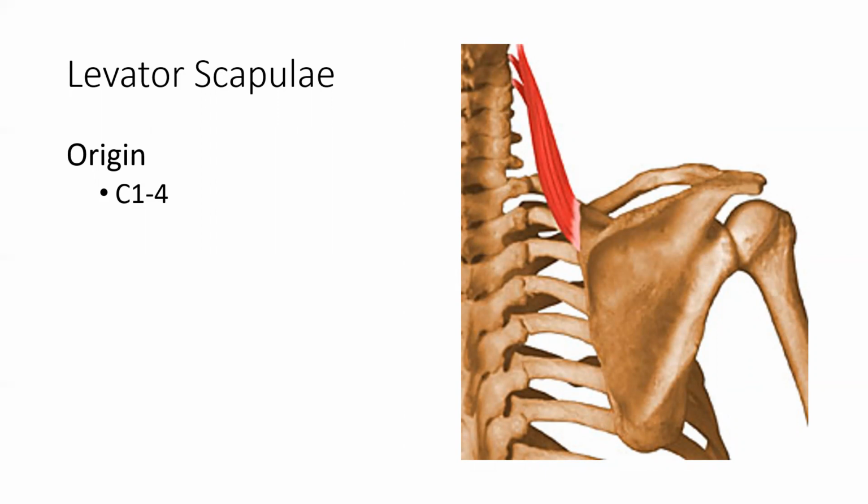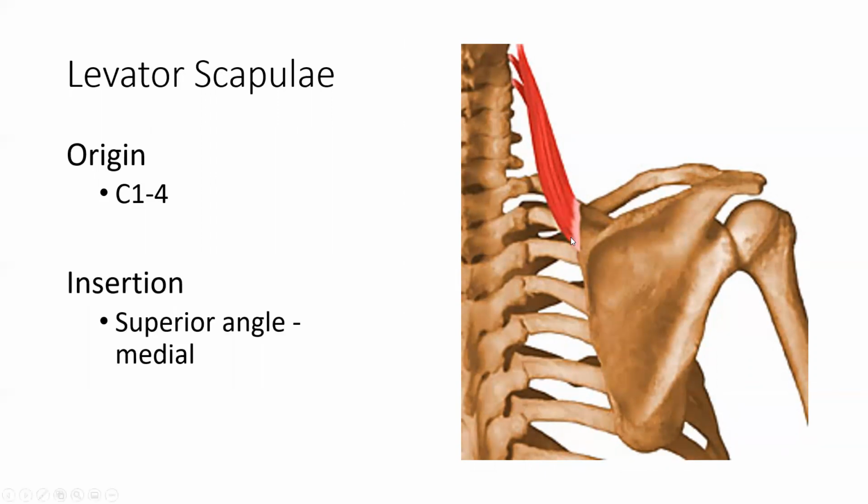Based on its name, you probably can infer that it lifts the scapula, but its origin site is on C1 through T4, so the upper cervical vertebrae. And then its insertion is on the superior angle medially on the scapula. So we have an inferior insertion, we have a superior origin. We also have a slightly medial to lateral origin to insertion.